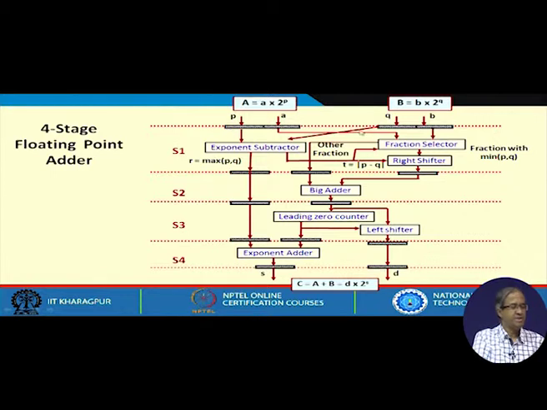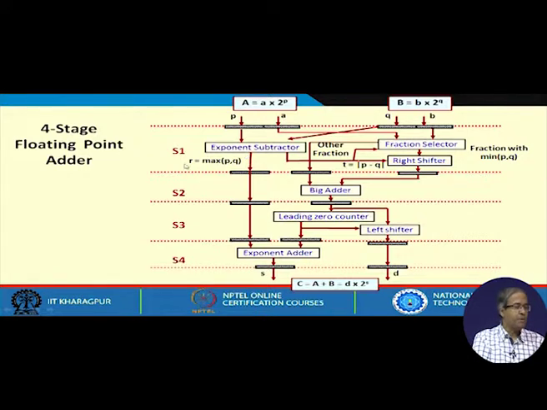Here I am not showing the sign, just the mantissa and the exponent. This is p and this is a, this is q and this is b. In the first stage S1, I am comparing the exponents; there is an exponent subtractor, with p coming in and q coming in, and it is subtracting.